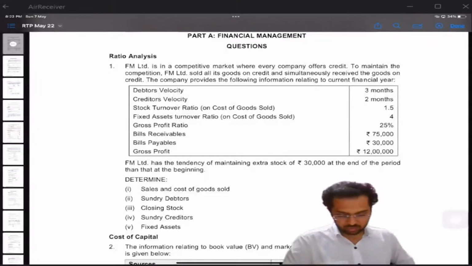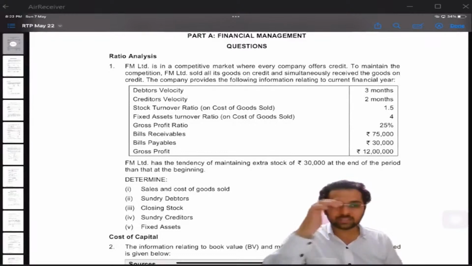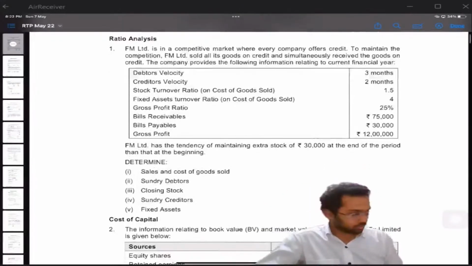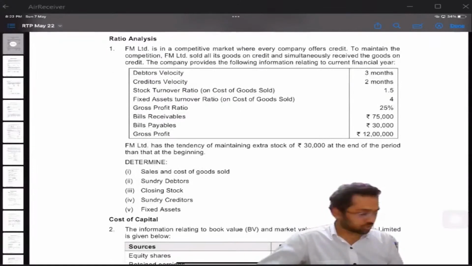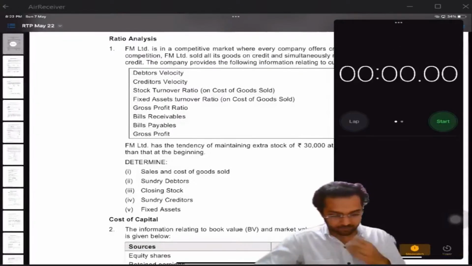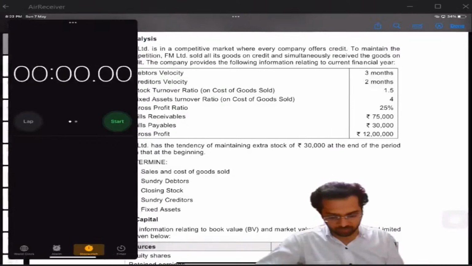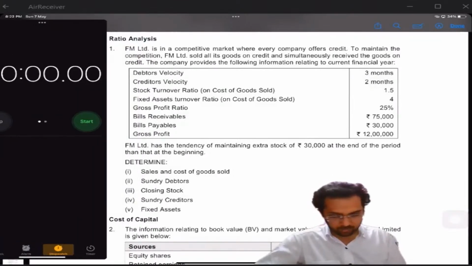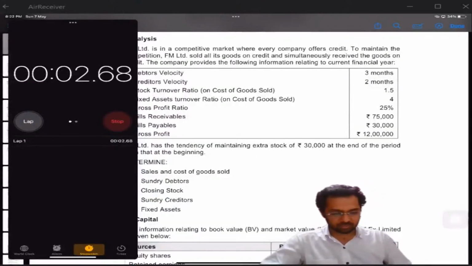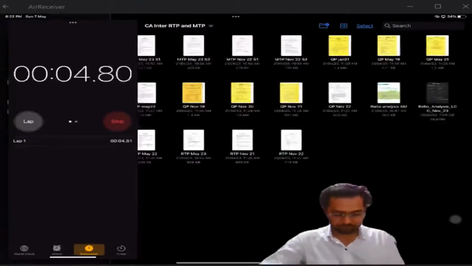For this, it is clearly stated what you need to calculate. You need to calculate the sales, cost of goods sold, sundry debtors, right? So try to solve them within a stipulated time of, let's say, exactly 7 minutes. So your time starts now, guys. Come on.